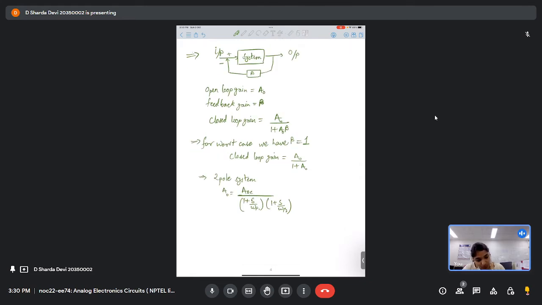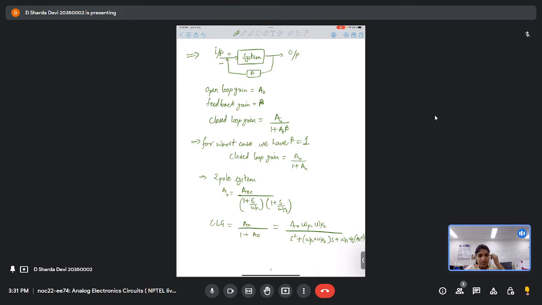So its closed loop gain will become A naught upon 1 plus A naught. So this turns out to be A naught omega P1 omega P2 by s square plus omega P1 plus omega P2 times s plus omega P1 omega P2 times A naught plus 1.